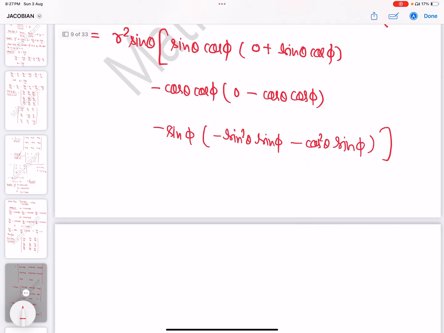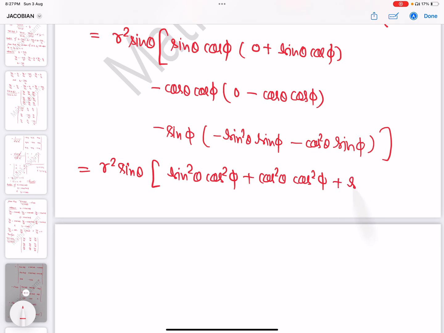now go ahead. So what we have? We have r square sine theta. So this is sine square theta cos square phi plus cos square theta cos square phi, and this is sine square phi, minus sine phi we can take common.